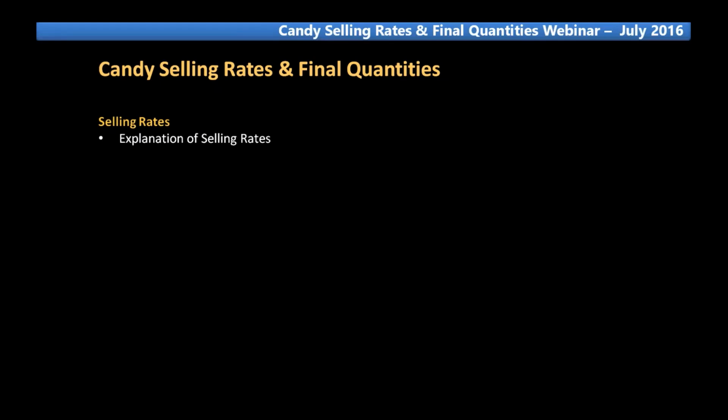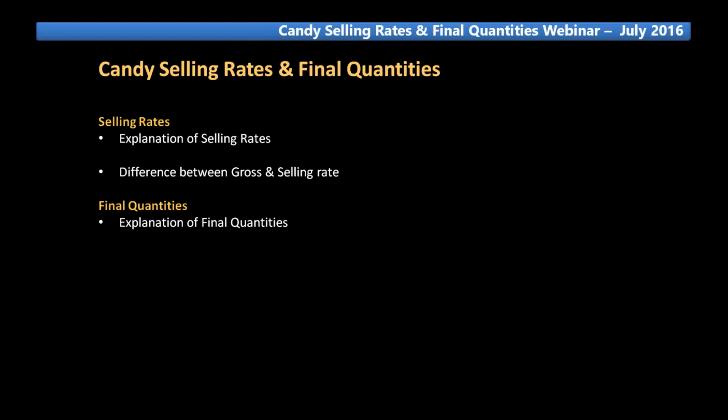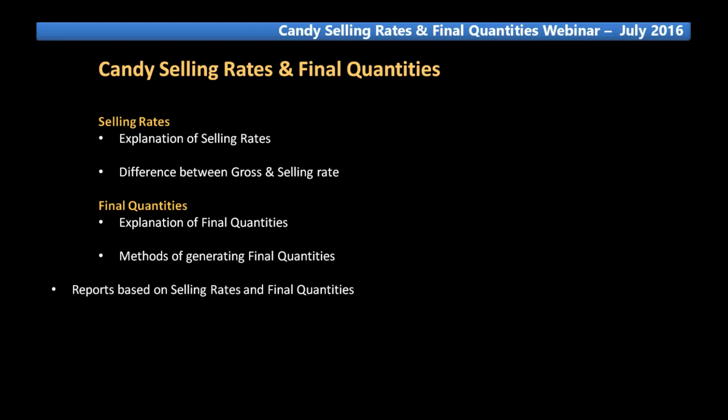These are the topics I will be covering under selling rates: explanation of selling rates, difference between gross and selling rates, and on the second phase of this presentation, it's the final quantities, explanation of final quantities, methods of generating final quantities, reports based on selling rates and final quantities.